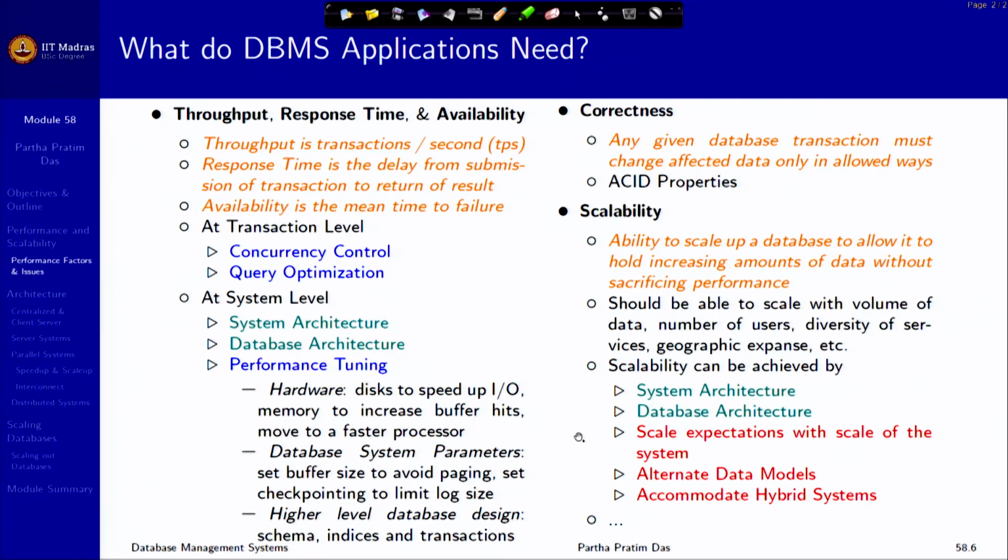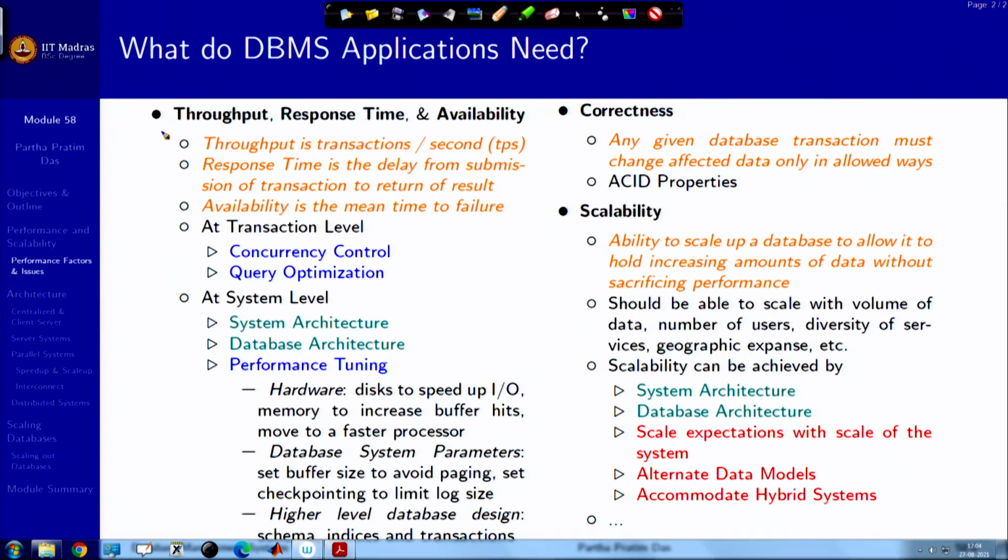This is what we have learnt through the course, that what I need in a database application is obviously, primarily, correctness. Any given database transaction must change the affected data only in the allowed ways, and we have seen that this is guaranteed by ensuring the ACID properties. In terms of performance, there are three primary factors that are important.